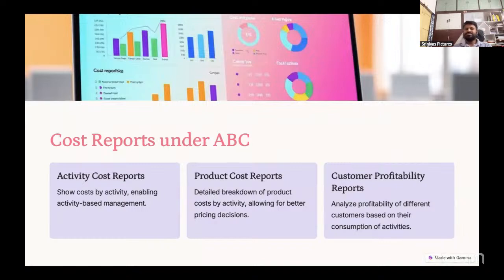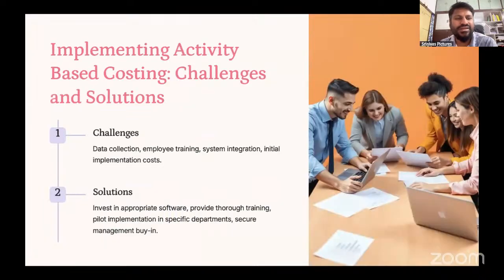Product cost reports give a breakdown of product cost by activity, allowing better pricing decisions. Customer profitability report analyzes the profitability of different customers based on their consumption of activities. So these are the cost reports under ABC.